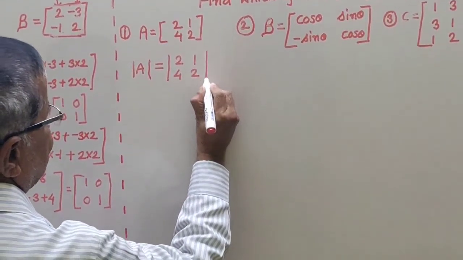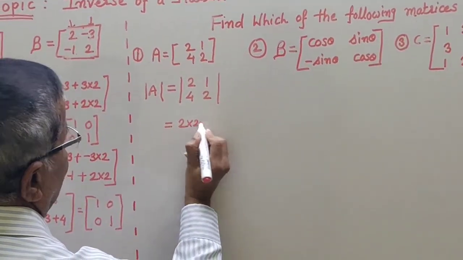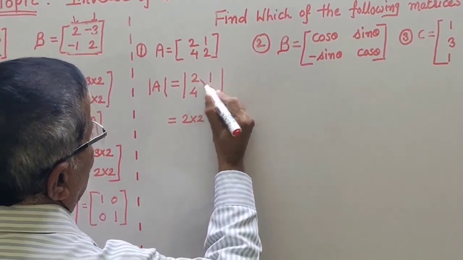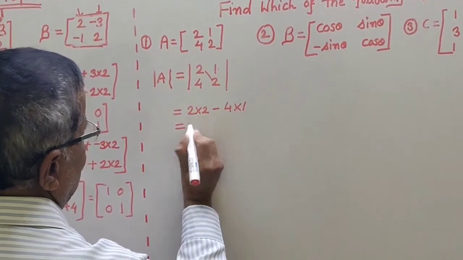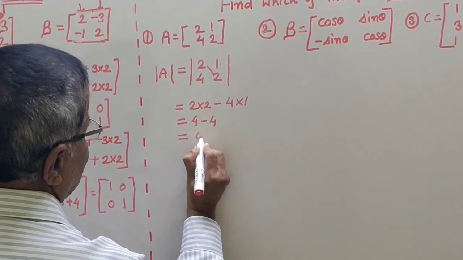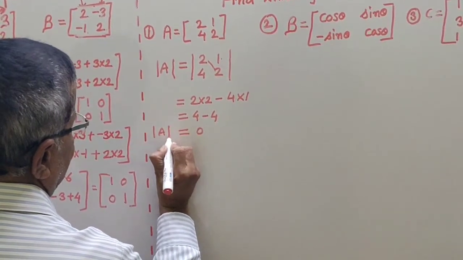Now I simplify this determinant, that is 2 into 2, then substitute minus sign, 4 into 1 is 4, 2 into 2 is 4, minus 4 means that is equal to 0. Determinant of A is equal to 0.